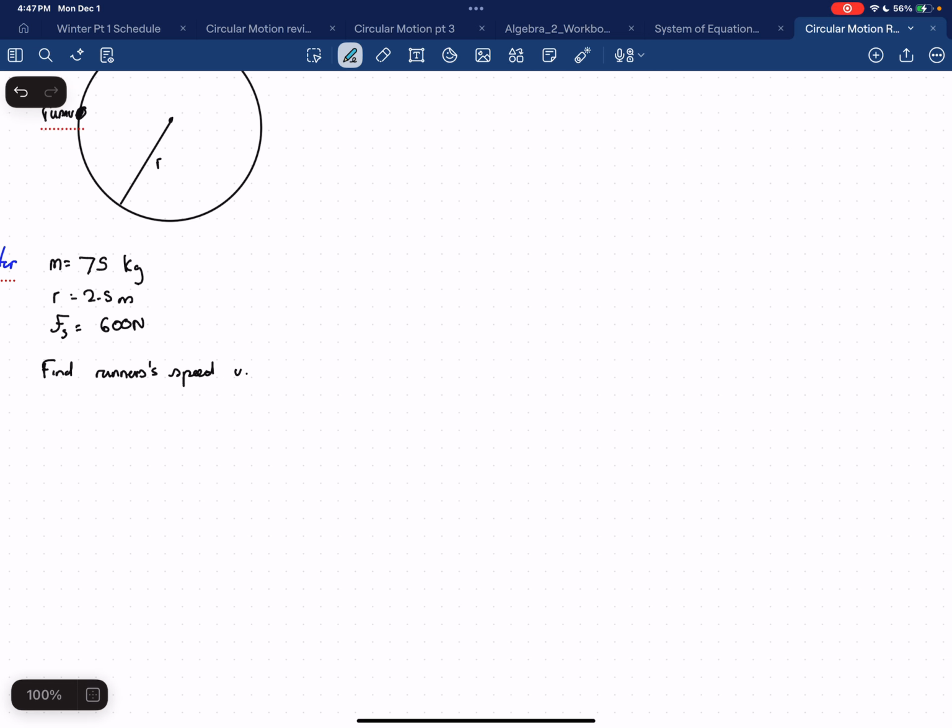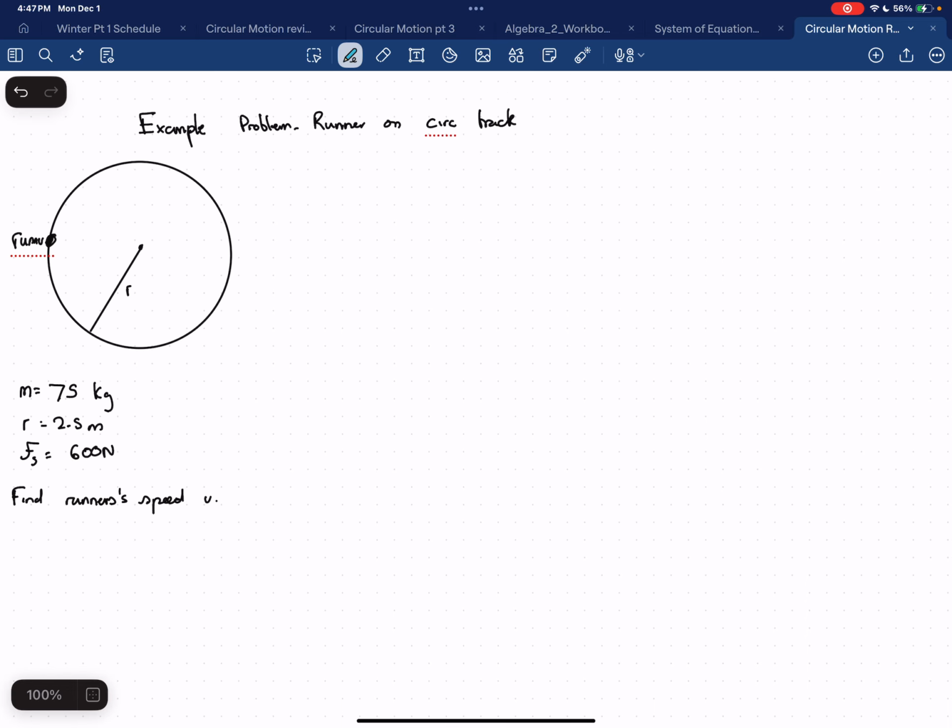All right, let's solve a problem, just to remember how this goes. So I have a runner on a circular track. A track is a flat surface, so I know I have to look at it from an edge-on view. My x-axis will be the forces that are pointing towards the center of the circle, and my y-axis is the forces perpendicular to that.